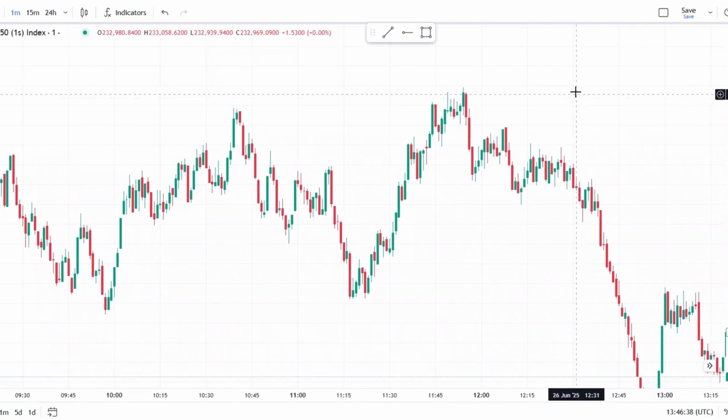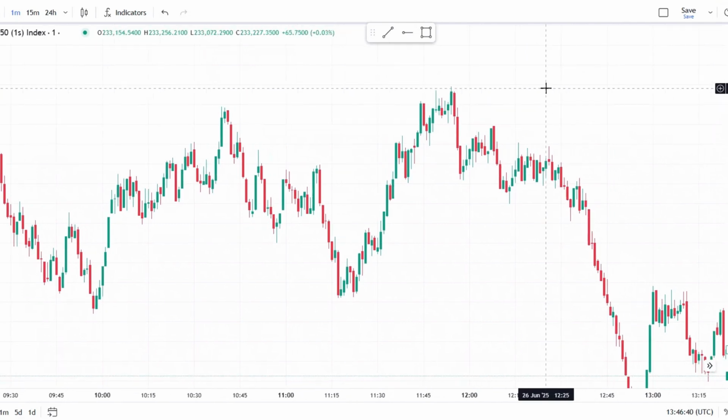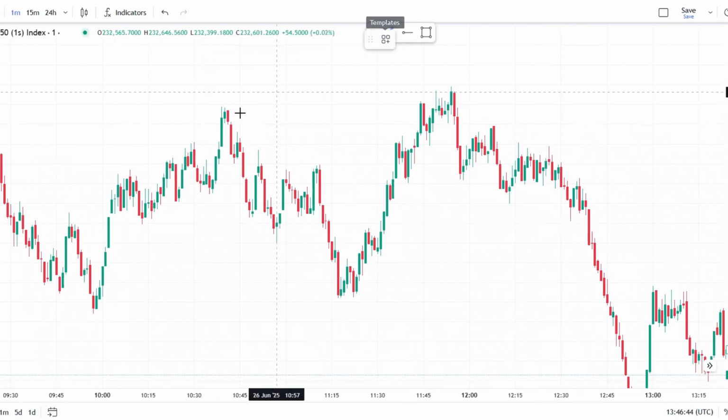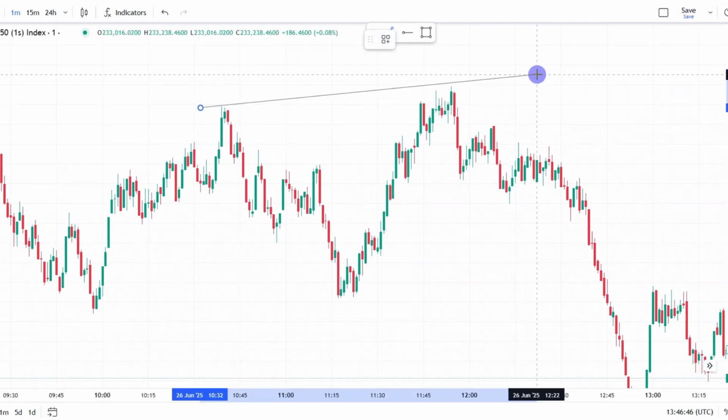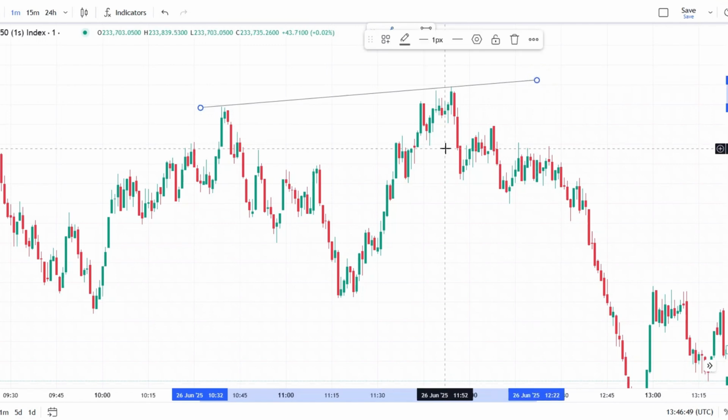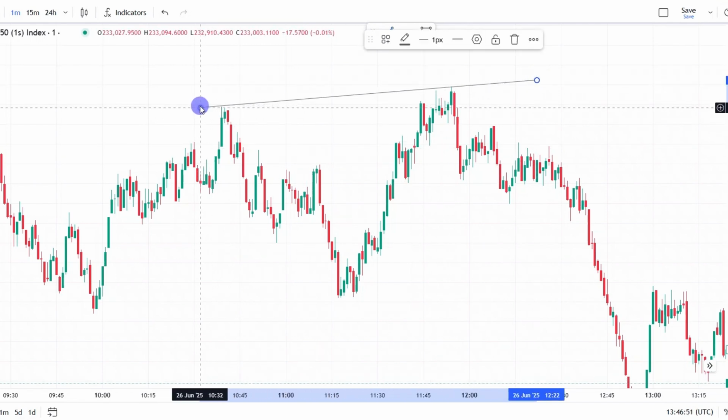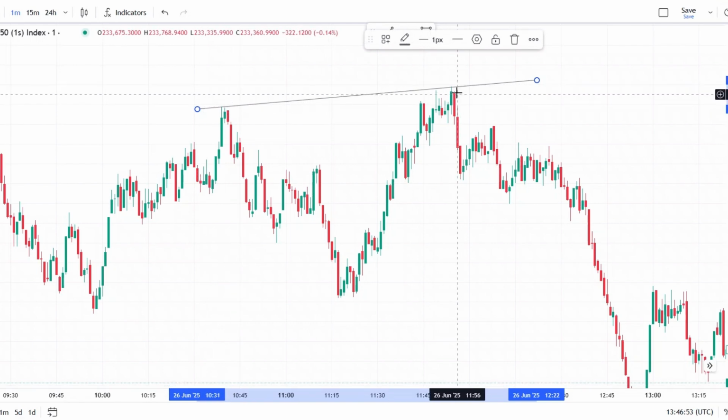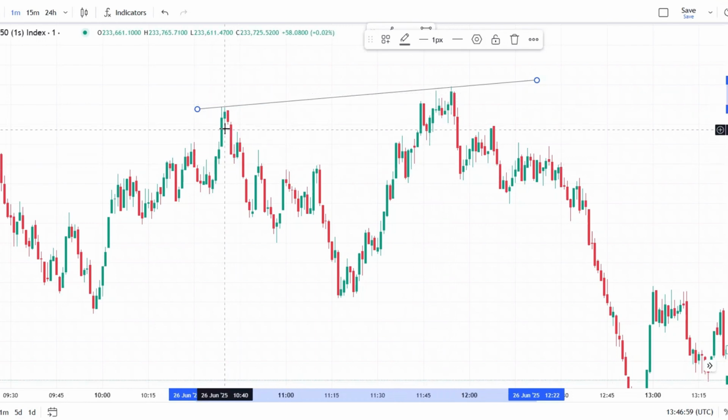That's what helps me. I don't just draw a line. Let me make an example: if I draw a line this way, I want to understand why I'm putting it there. Why not on that close? Why not on that open?